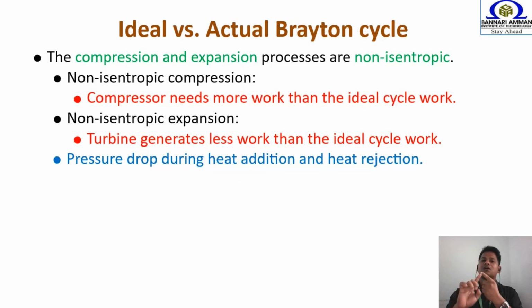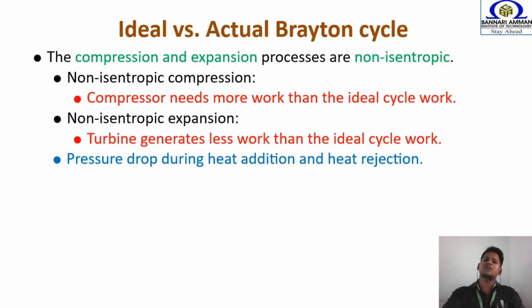One is that the work input given to the compressor is increasing in the actual Brayton cycle. Second, the work output you get from the turbine is decreasing, because this is not an isentropic process. These two processes are called polytropic processes. So the overall efficiency is decreasing.